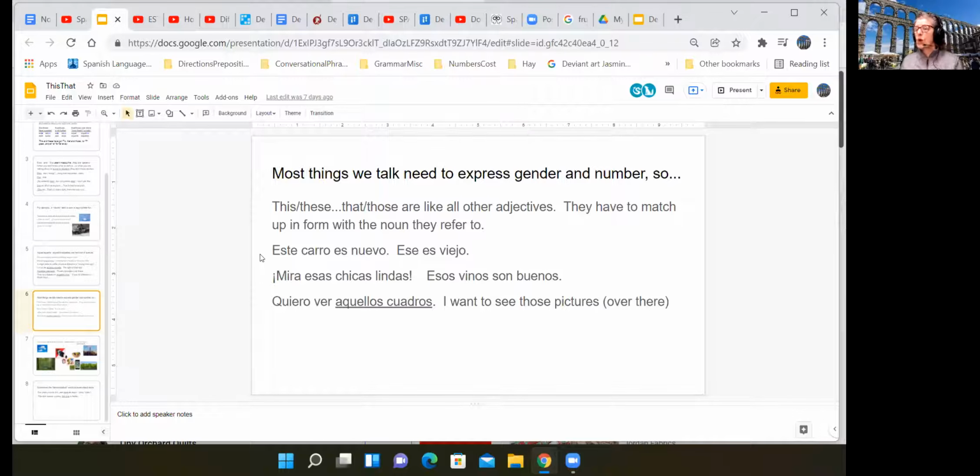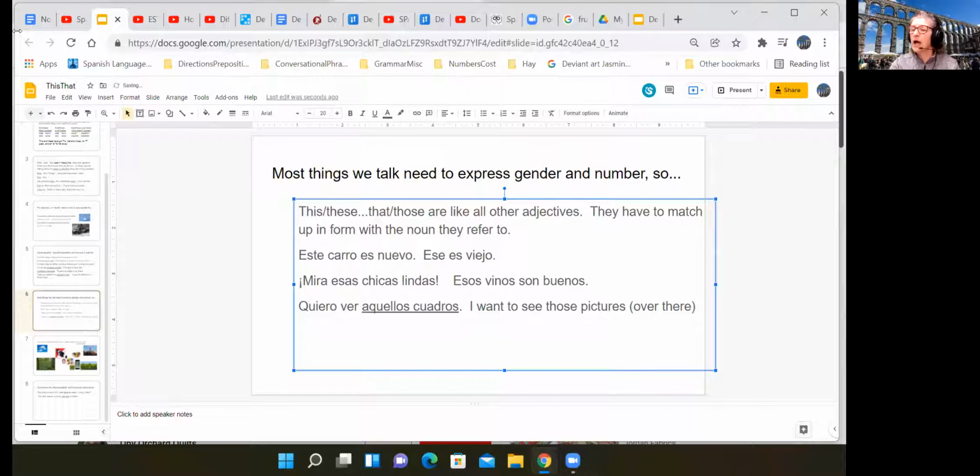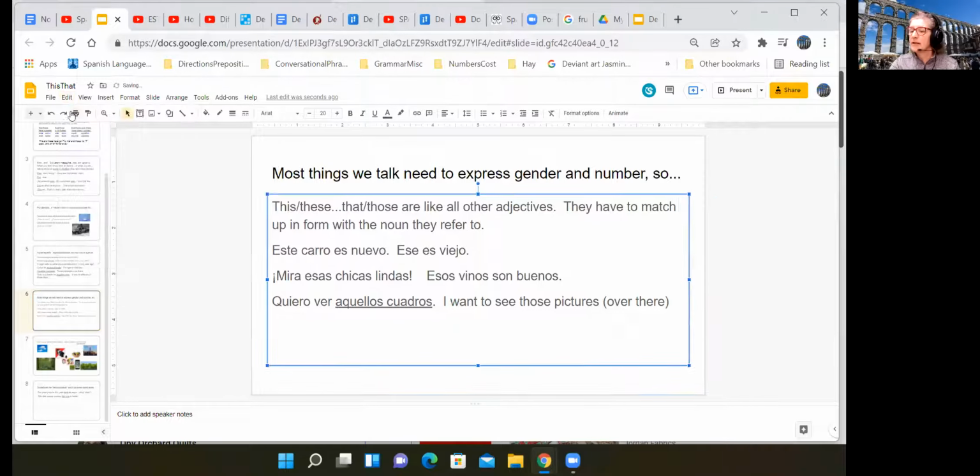So, just like words like importantes, grandes, pesados, heavy, the words this, these, that, those are adjectives, and they'll have to agree with the noun they talk about. Este carro es nuevo. Ese es viejo. I want to show you what sometimes happens.